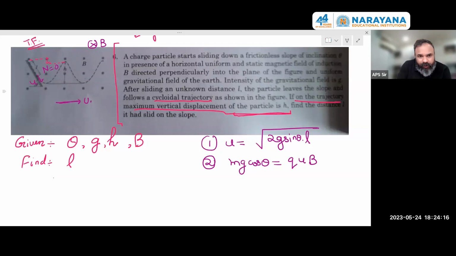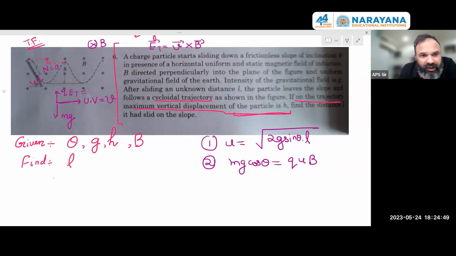And that uniform velocity, if I take as some v such that QV cross B, the transformed field, I mean this transformed field V cross B, which can be called E transformed, ET or E, whatever you want to say, that will become QE transform, and if that balances mg everywhere, then the problem becomes very simple for me.